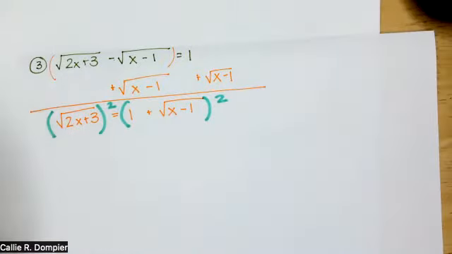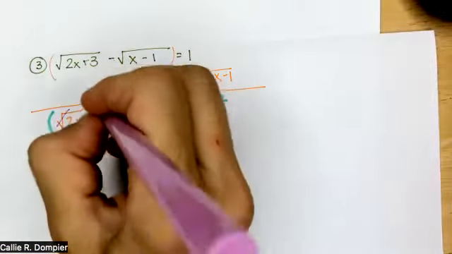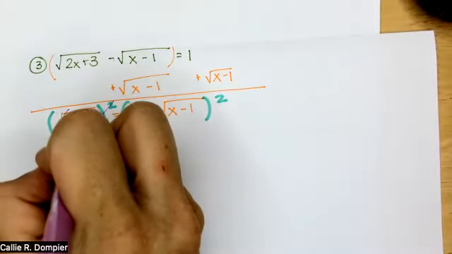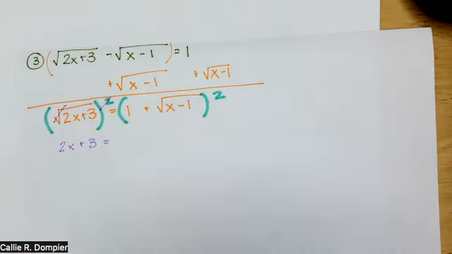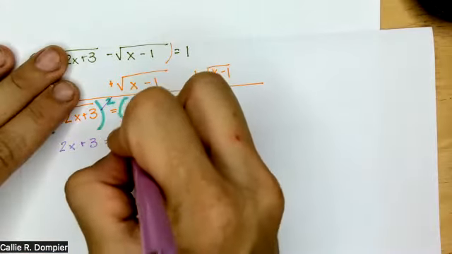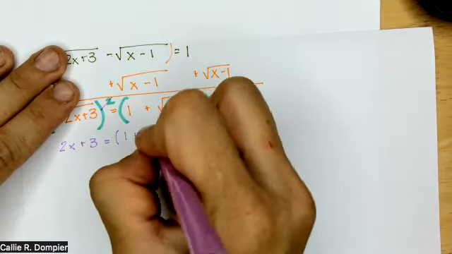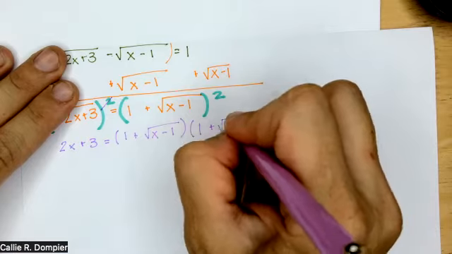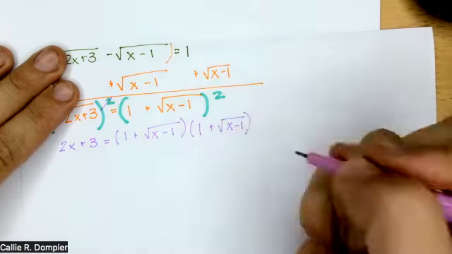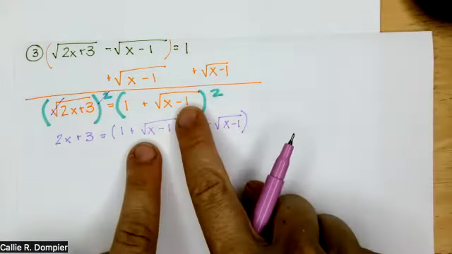So that means this is eliminated, and we have 2x plus 3 is 1 plus the square root of x minus 1 times 1 plus the square root of x minus 1, because it is that times itself.